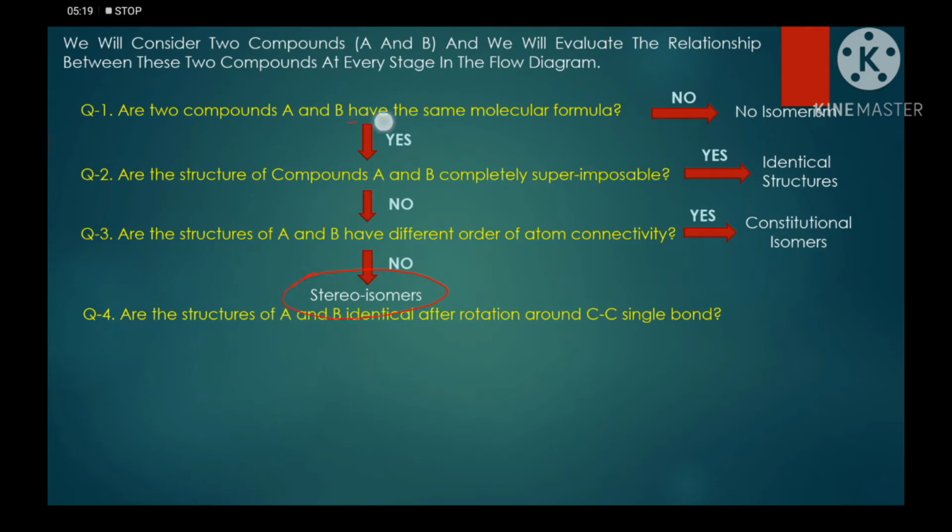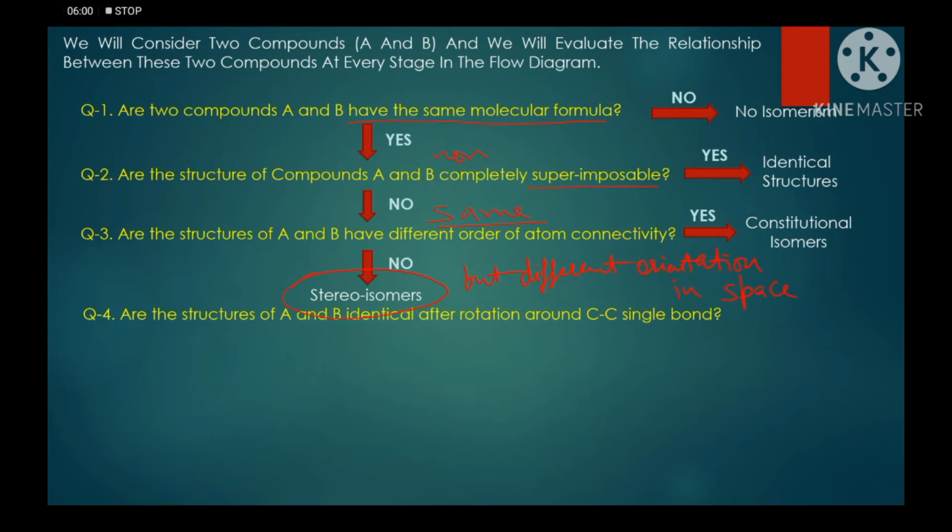Stereoisomers: two compounds having the same molecular formula, non-superimposable, same order of atom connectivity, but different orientation in space. So that is called stereoisomers. So two compounds having the same molecular formula, non-superimposable, same atom connectivity but different orientation in space are called stereoisomers.